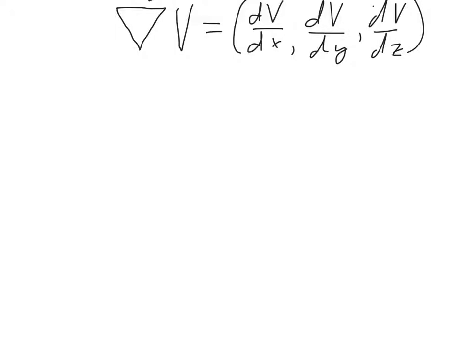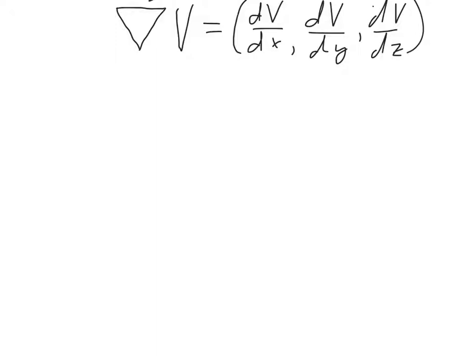I have some function that gives me a number for every position on the plane. And you might be familiar with topographical maps. That's a way of indicating elevation on a map of the Earth's surface.